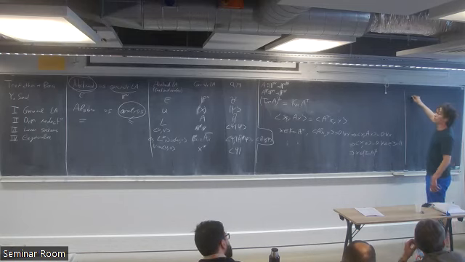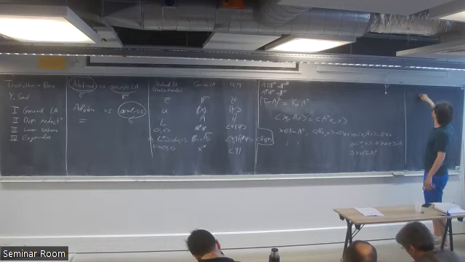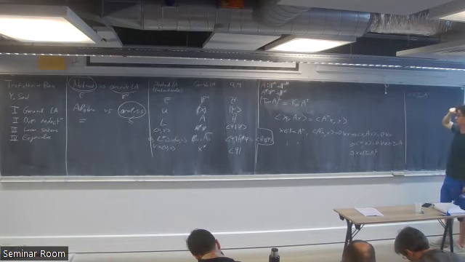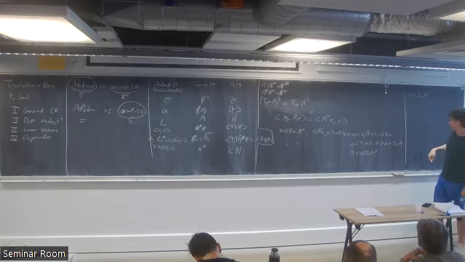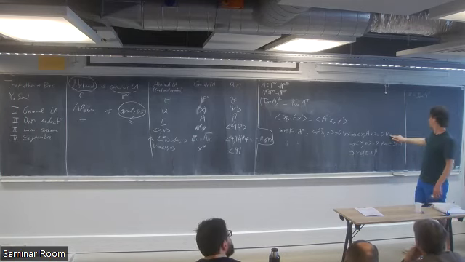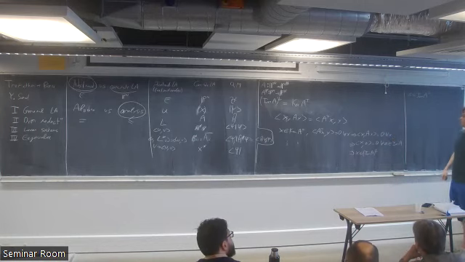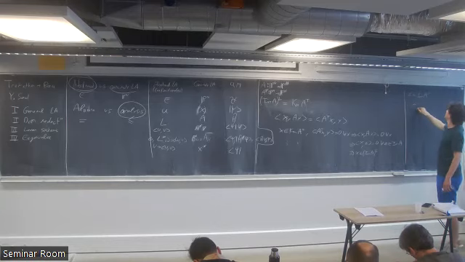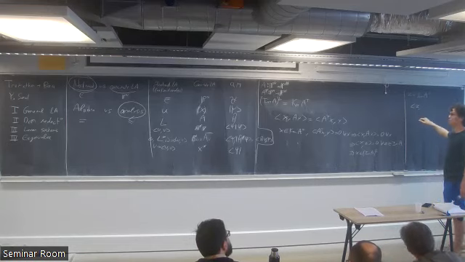So if I have now x in the orthogonal of the image of A, this is for all y in Rn.